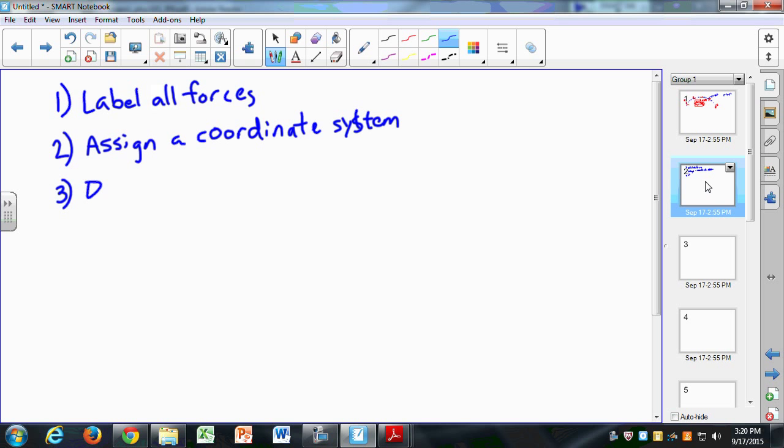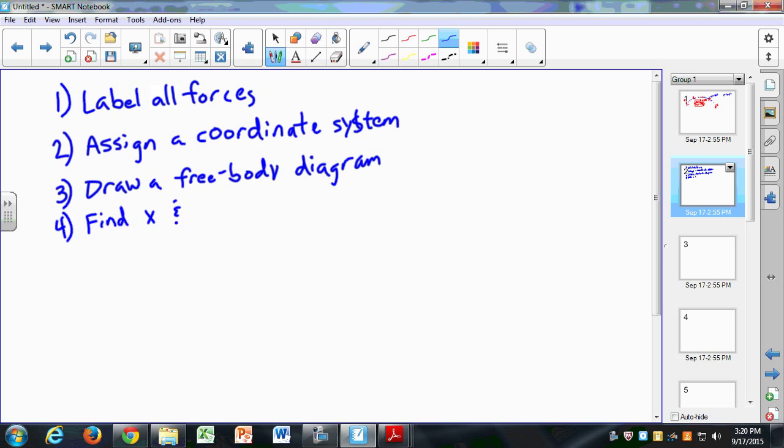Draw a free body diagram. Find the components of any forces not on the axis, so find x and y components.